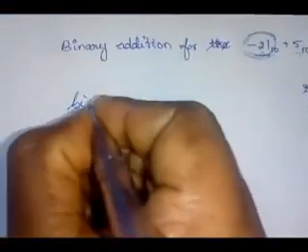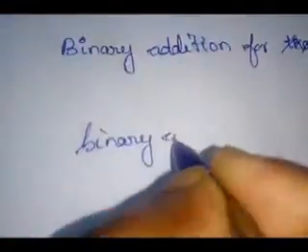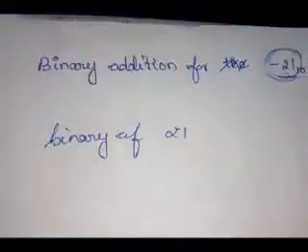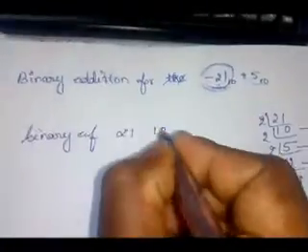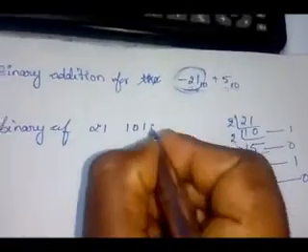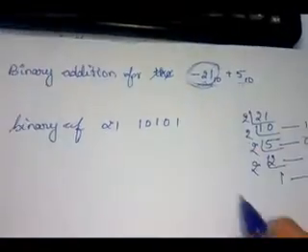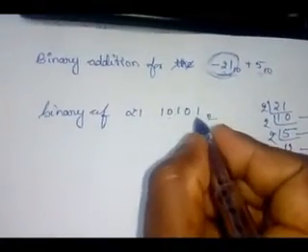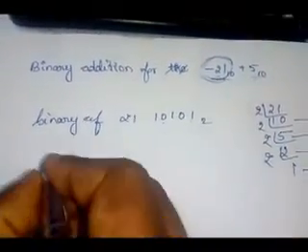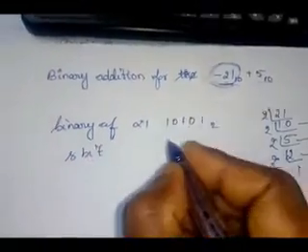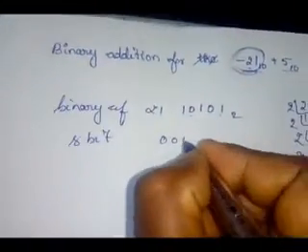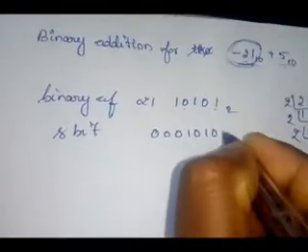This is the binary of 21. Binary of 21 is 1 0 1 0 1. This is how many bit number? 5 bit number. Make it 8 bit: 0 0 0 1 0 1 0 1.